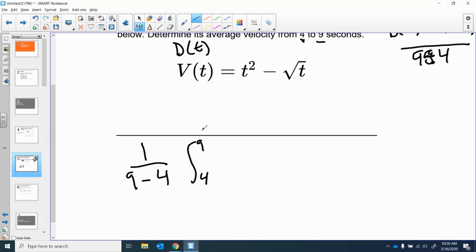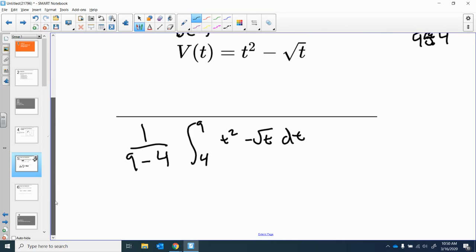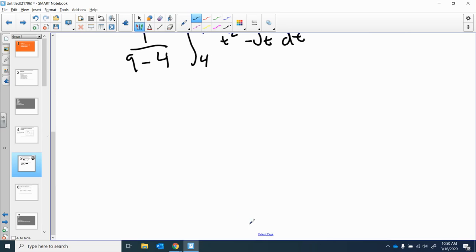I want to sum that infinite series up. And that infinite series is t squared minus root t, and I want to integrate with respect to t. So I'm going to take the integral of this. This will be 1 over 5, brackets, t cubed over 3 minus t to the 3 over 2.